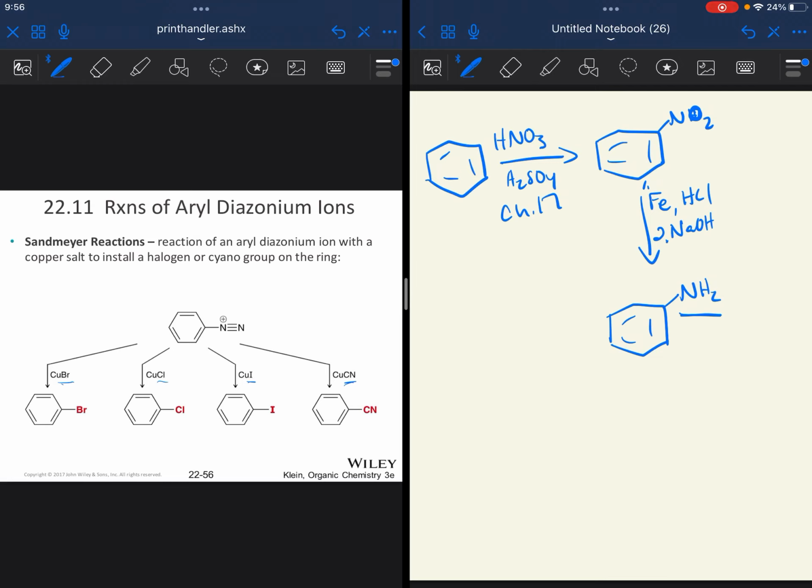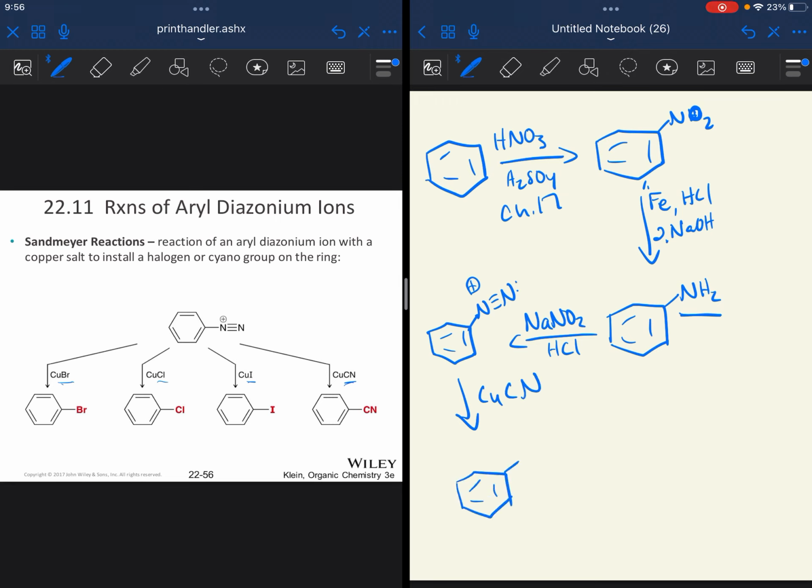And then once you have that amine, right, you can do NaNO2 and HCl. You're going to use this one a bunch. And now you have your diazonium salt. And now you can just react it with any of your Sandmeyer reactions. So like CuCN, for instance.